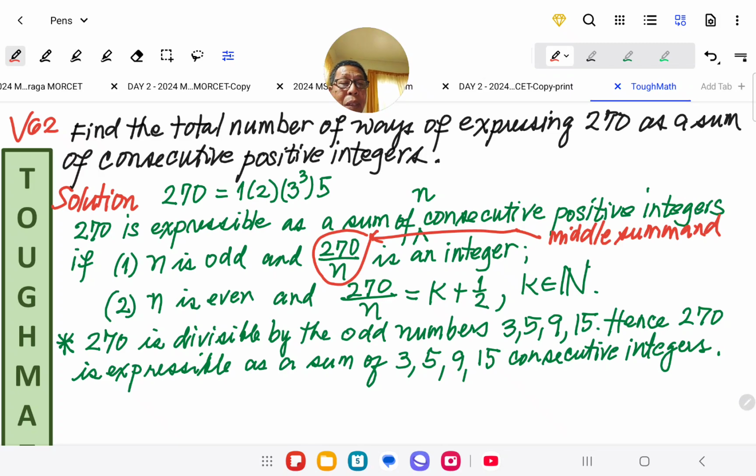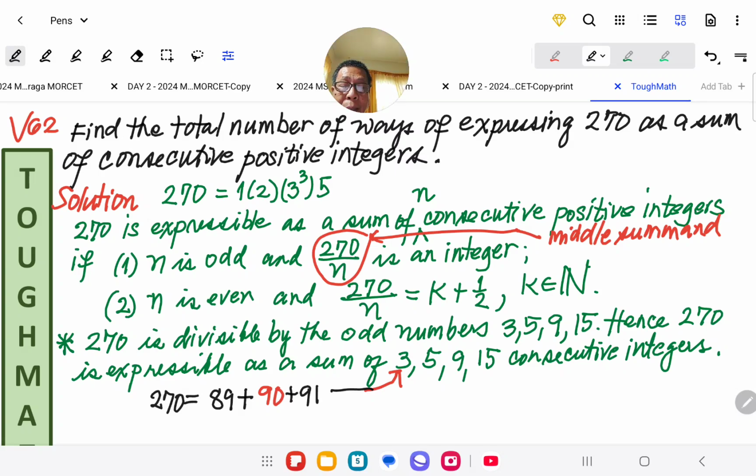So, for example, in the case of 3 summands, the middle term is 270 divided by 3, which is 90. So this is 90, plus 91, and on the left side you have plus 89, and this is equal to 270.